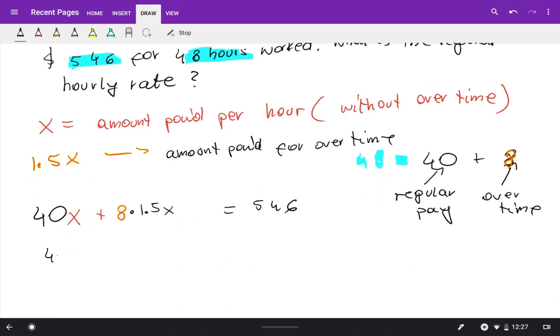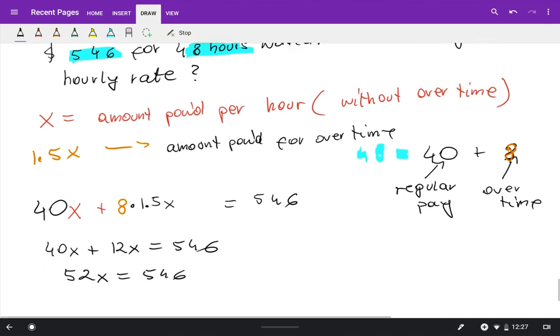So let's simplify that. We have 40x plus 8 times 1.5, which is 12, so plus 12x equals 546. We end up with 52x equals 546.